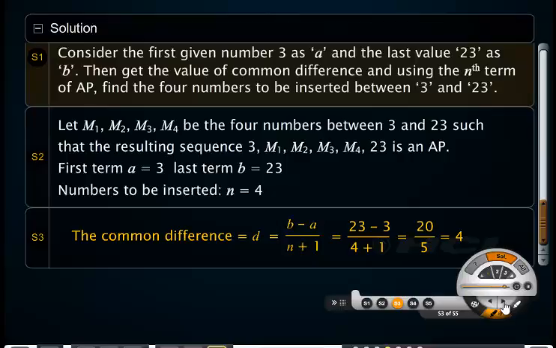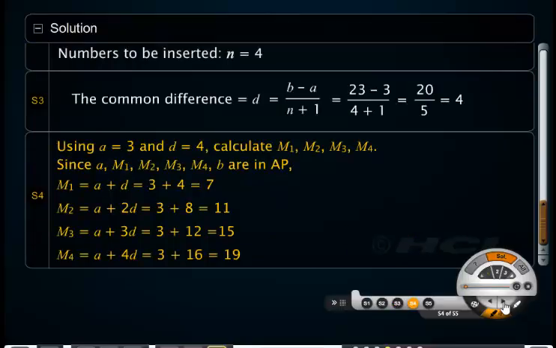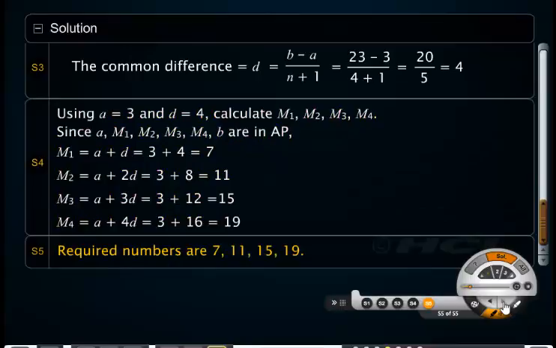Here D equals 4. Calculate M1, M2, M3, M4 using the formula by substituting 3 and 4 for A and D. Hence, the required 4 numbers are 7, 11, 15 and 19.